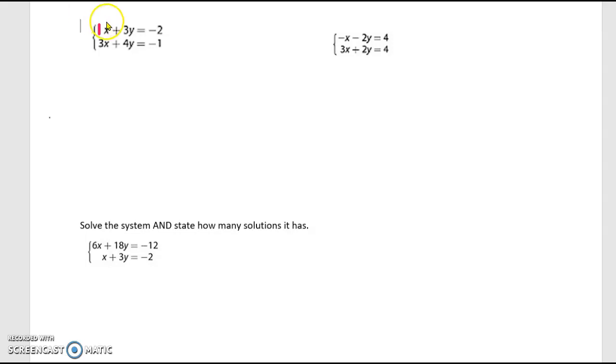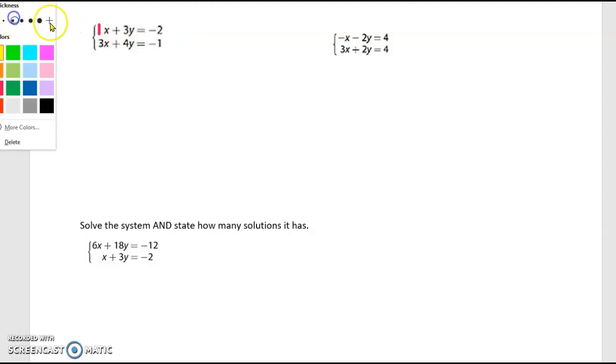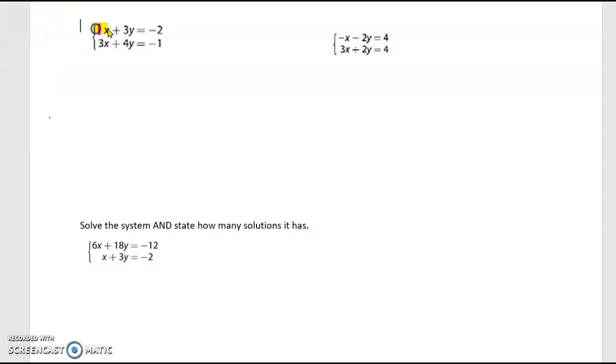So the rule is that if I multiply, I have to multiply the entire equation. So that top equation right there, I would multiply the entire top equation by -3. So -3 times 1 is going to give us -3x.